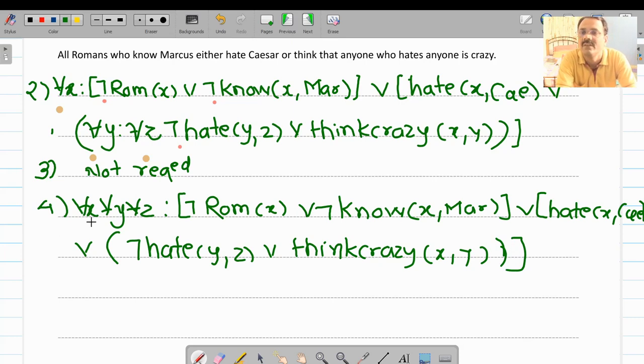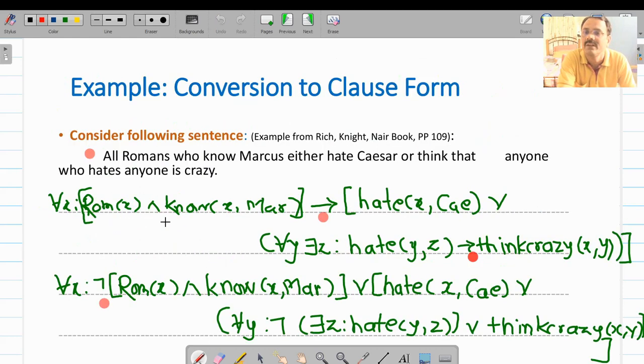That's how we have removed all quantifiers to the left. So this is after application of step number 4. We have moved all quantifiers to the left.